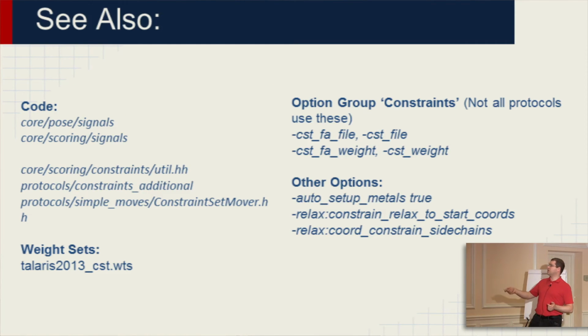And so here's some additional information. In the code, there's a number of different files and directories that you can look at. I mentioned that Talaris 2013 by default does not have any constraints turned on. So as a convenience, in the weights directory, we also have a file, Talaris 2013 underscore constraints, which is Talaris 2013, but also turns on the constraint weights.